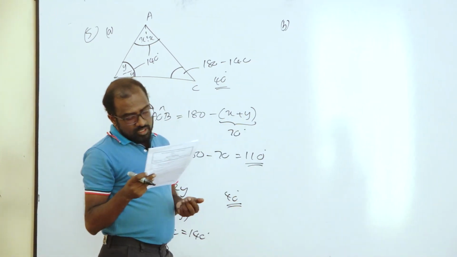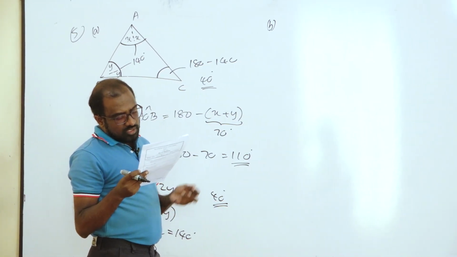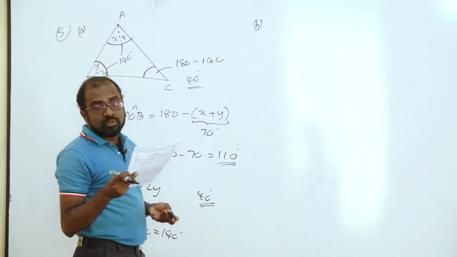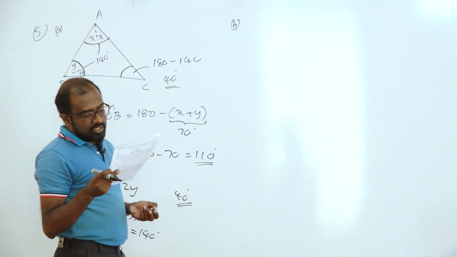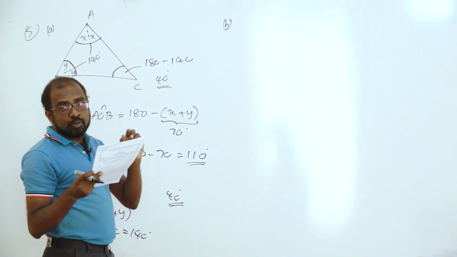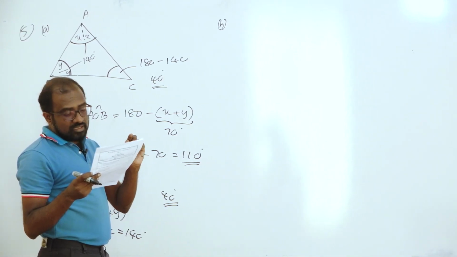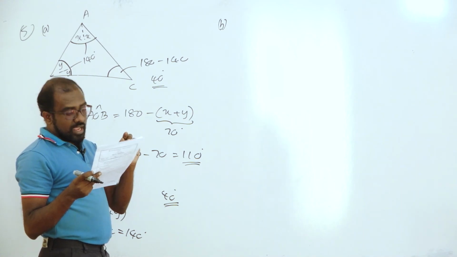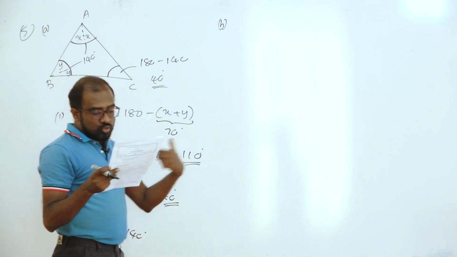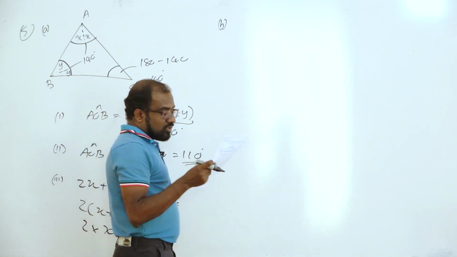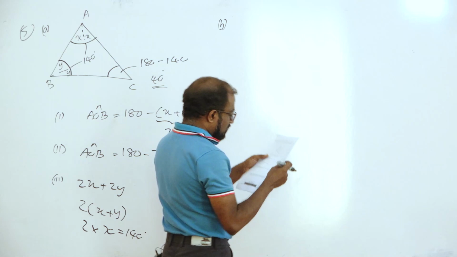B. A vehicle travels 36 kilometers in 80 minutes. Find the distance it will travel in 100 minutes using the method of direct proportion. Understand? So how can you use the method of direct proportion?